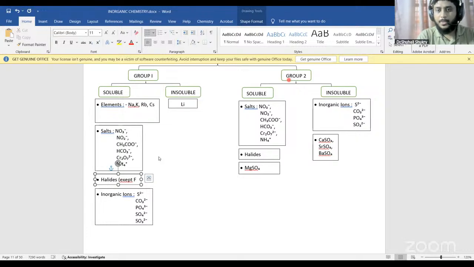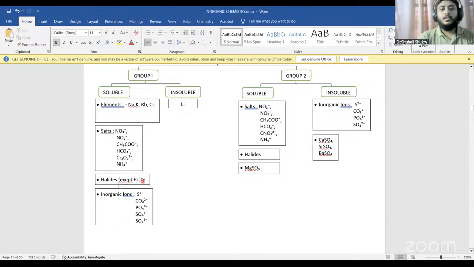Halogens mean group 7 elements. Halides mean group 7 anions. F minus is a halide. Cl minus is a halide. Br minus is a halide. Okay. What's happening? Right. Anyhow.